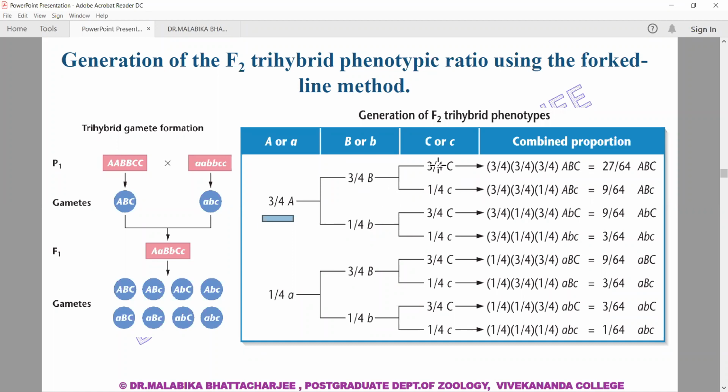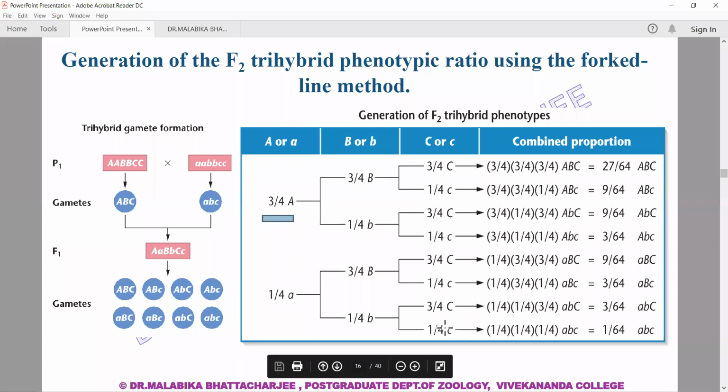We multiply capital B with 3/4 capital C, 1/4 small c. We multiply small b with 3/4 capital C, 1/4 small c. Similarly, for the small a allele, we multiply capital B with 3/4 capital C, 1/4 small c, and we multiply small b with 3/4 capital C, 1/4 small c.